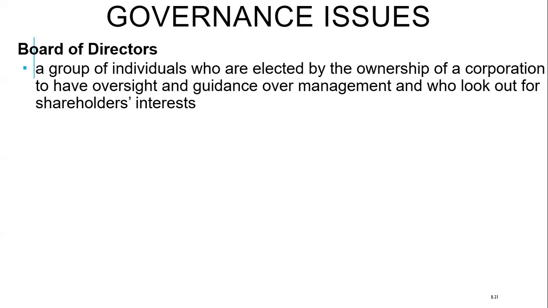Then another function that they also perform is that they are construed to be independent arbiters or judges. So they offer independent judgments. And usually they are, particularly if we are dealing with an independent board of directors. So the board of directors, some of them may be part of the management.